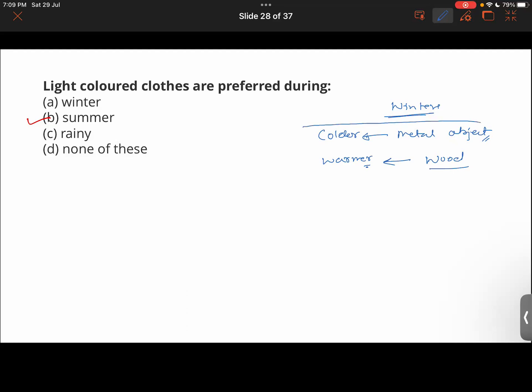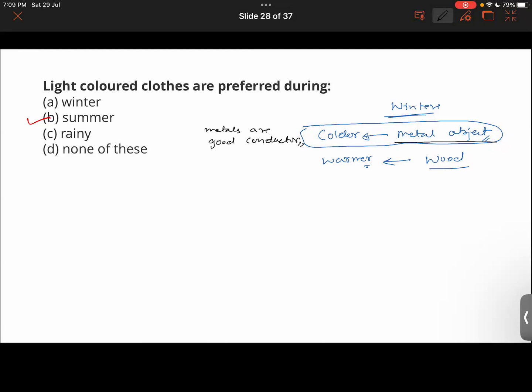Okay, let's take the first example here. We know that metal objects are good conductors of heat. Metals are good conductors. So if you are touching a metal object, what happens there?